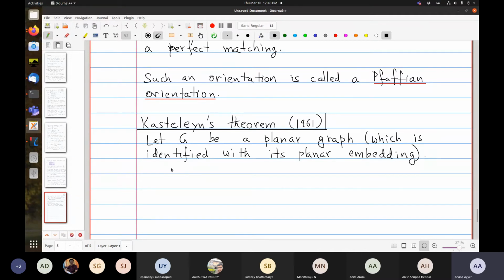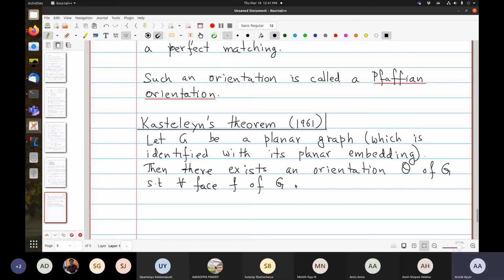So what Castellane's theorem says is that there exists an orientation O of G such that for every face F of G, NO of the boundary of the face is odd, which is what we want.